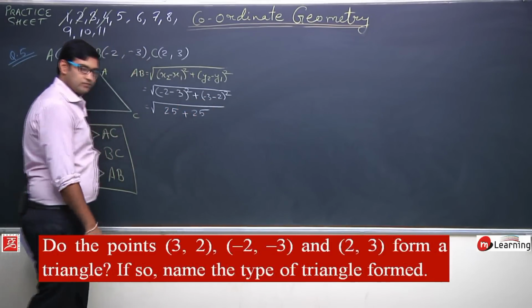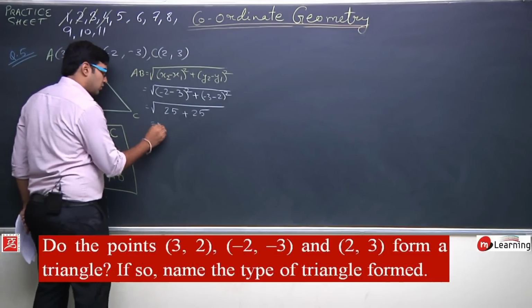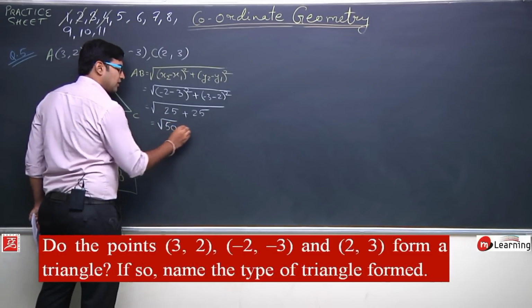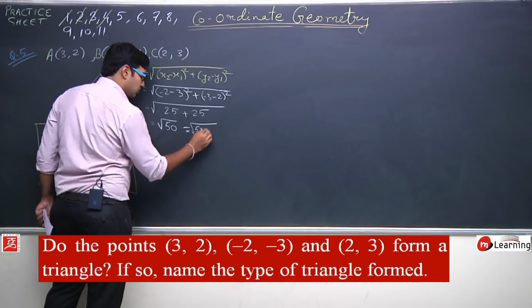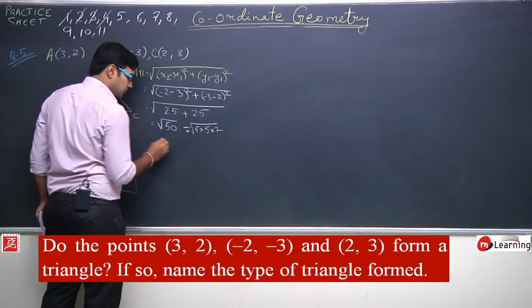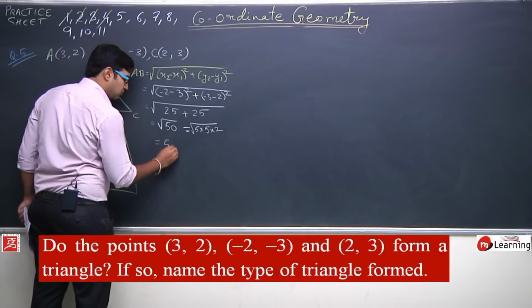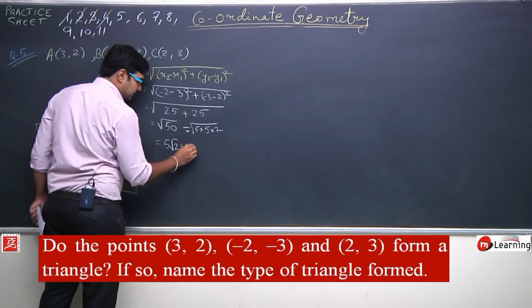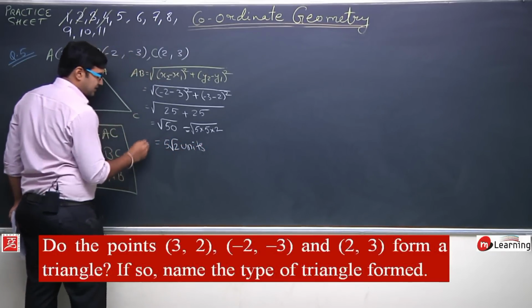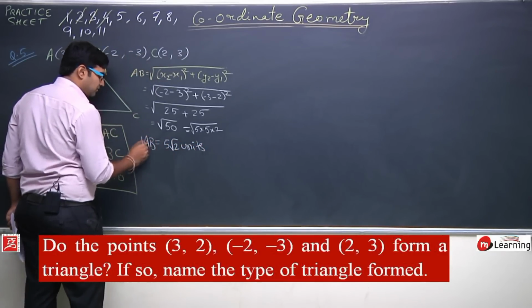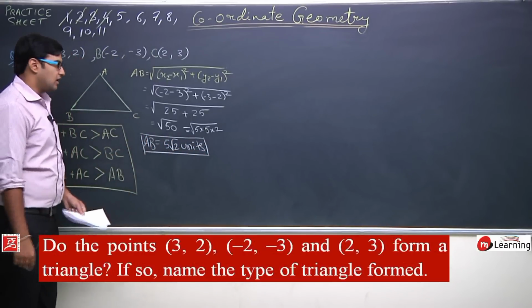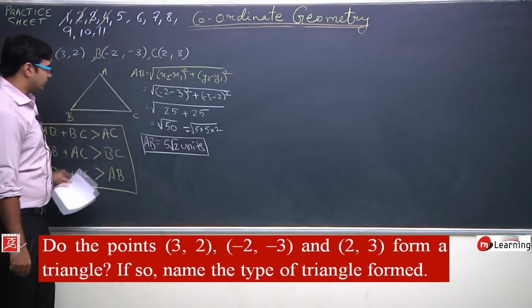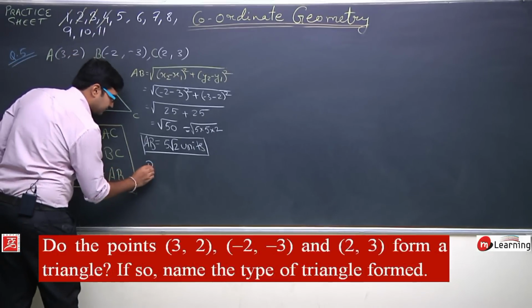So this will become the square root of 50. The square root of 50 I can expand as 5 into 2, so this will become 5 root 2 units. This is the length of AB. Now similarly I need to calculate the length of BC.